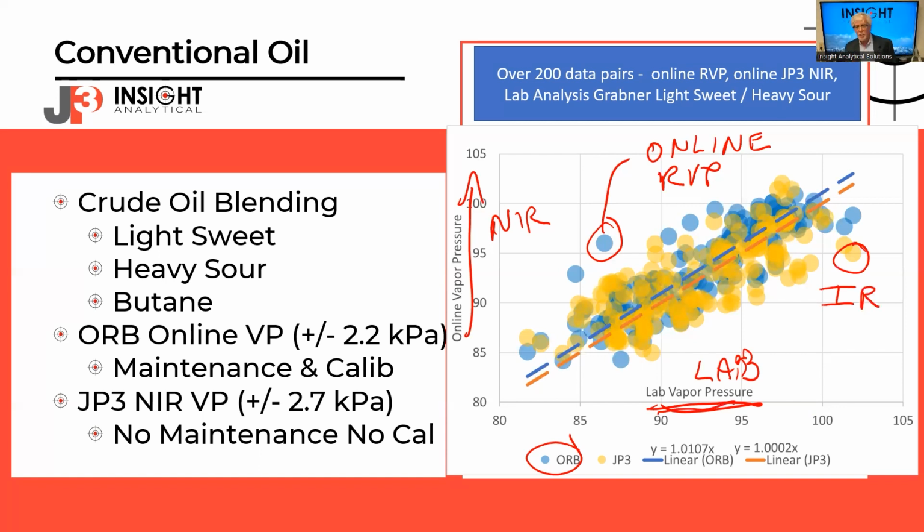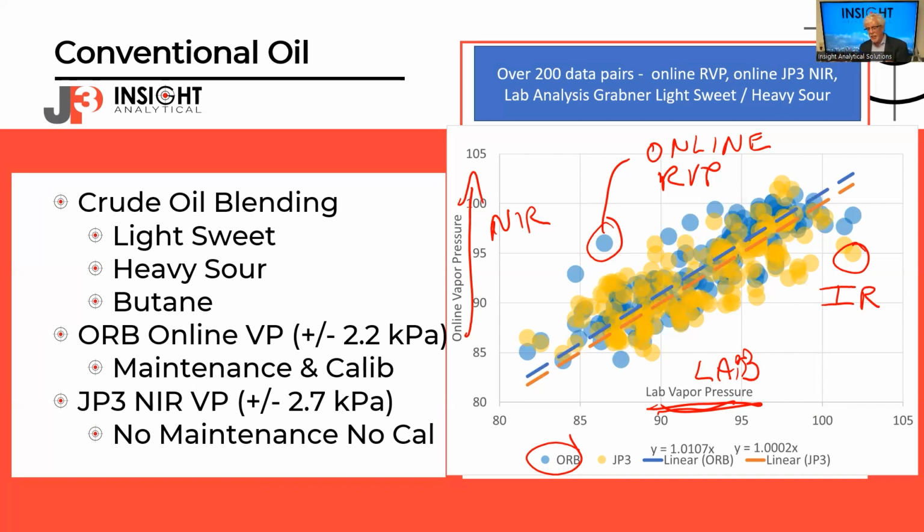The X-axis is the lab. So again, what we see here is that when we use this infrared technology, we can get results that correlate well with the approved lab methods, ASTM D6377 in this case, and correlate well with a conventional online analyzer.